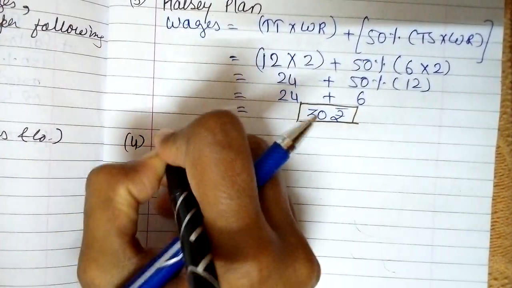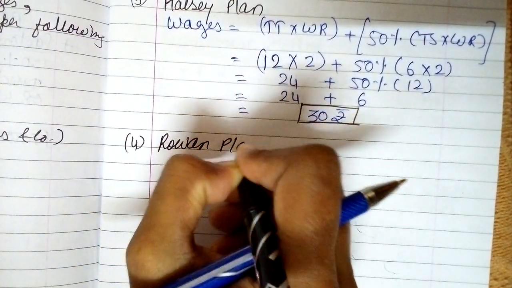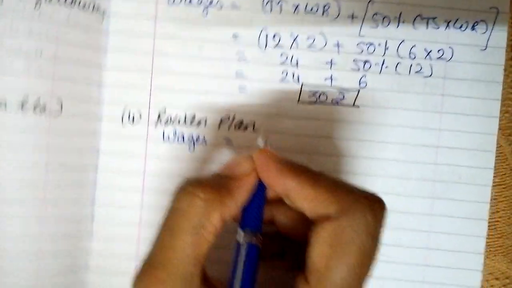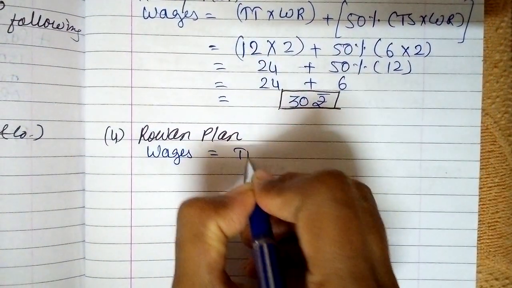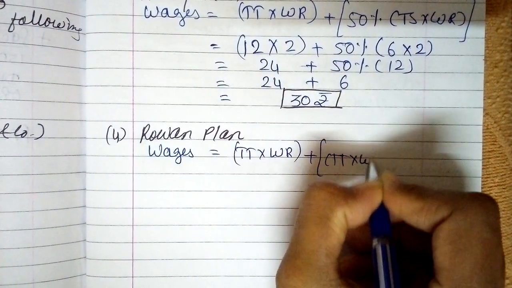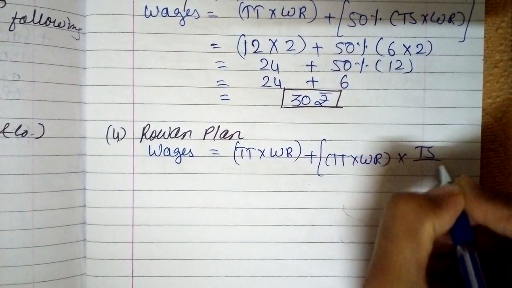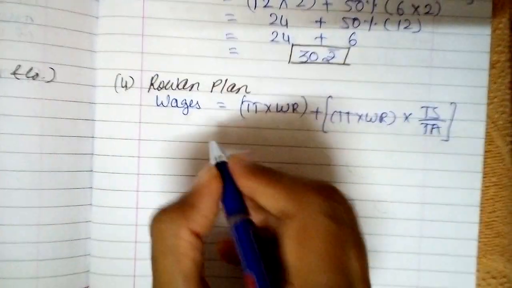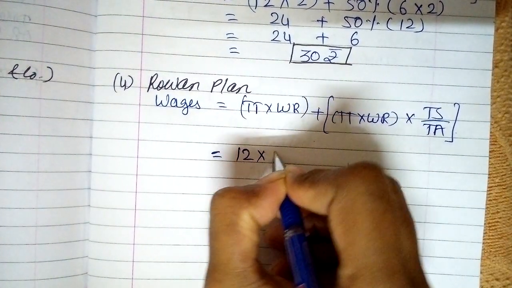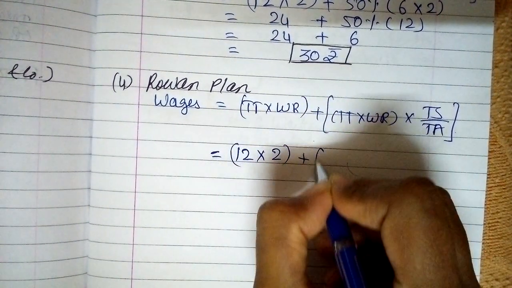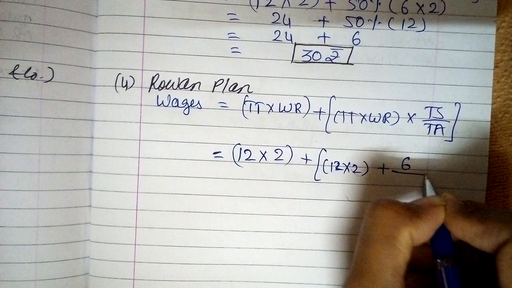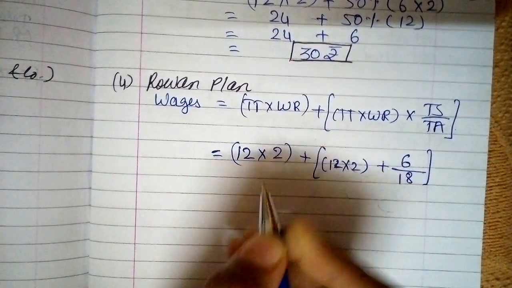Now next one, wages as per Rowan plan. Let us put the formula of Rowan plan: time taken into wage rate plus time taken into wage rate into time saved upon time allowed. So let us put all the figures in the formula: time taken 12 hours, wage rate 2 plus 12 into 2 into time saved 6 divided by 18, right?